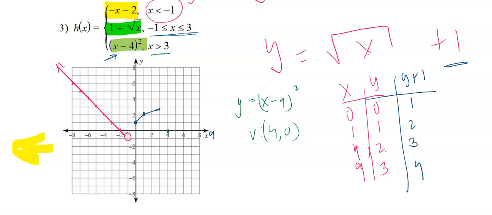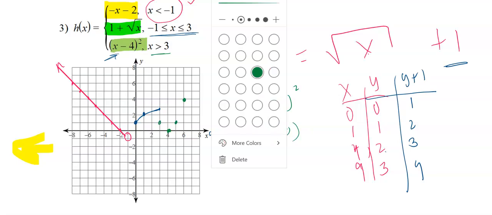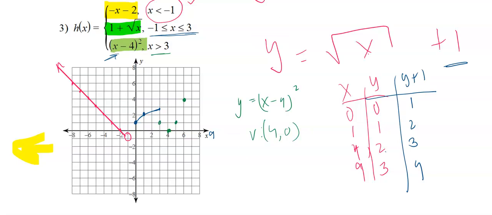Right here, and then I'm going to go up 1 over 1 for a quadratic, up 1, 2, 3 for a quadratic, and then I do the same thing on the other side. However, that's as far as I need to go, right? Because here is 3 on the domain, and so I just want to see the part of the curve that's greater than 3.